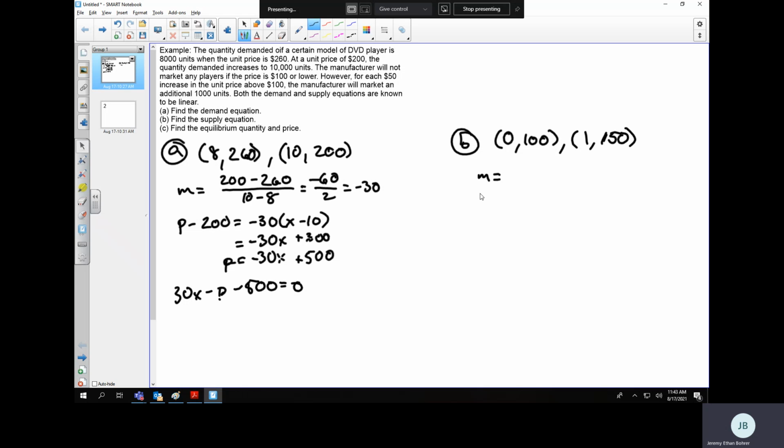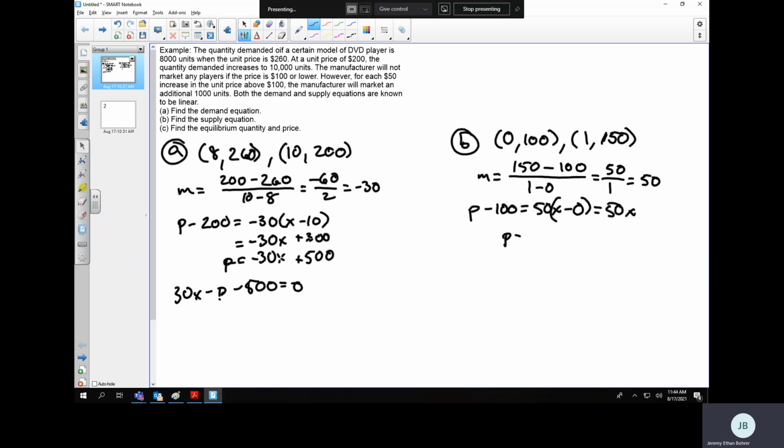Okay, again, we find the slope. m equals 150 minus 100 over 1 minus 0, which is 50 over 1, or just 50. So P minus 100 equals 50 times (x minus 0), which is just 50x.